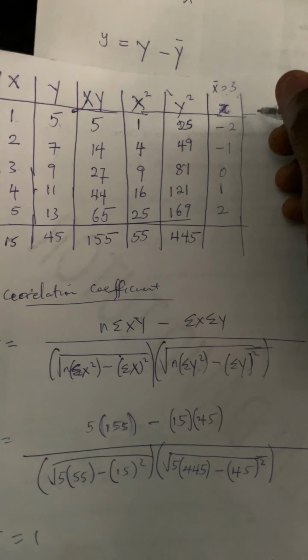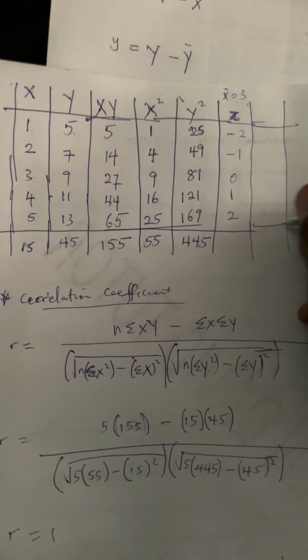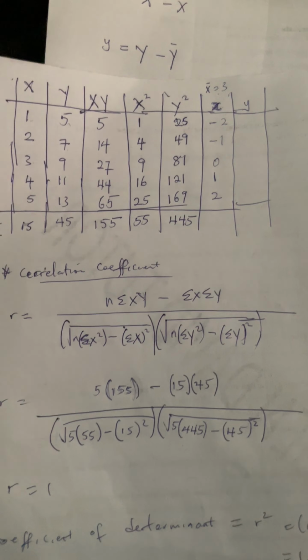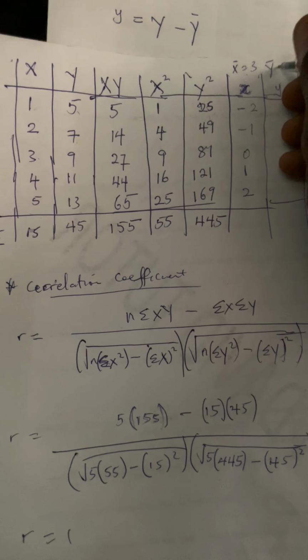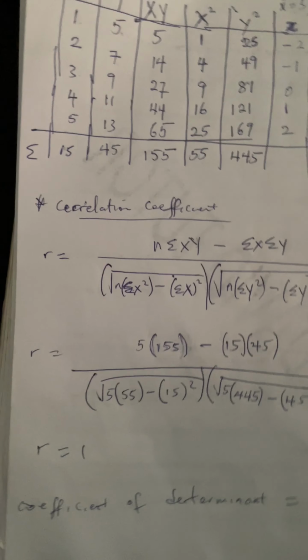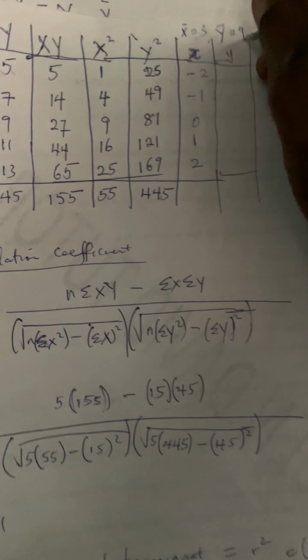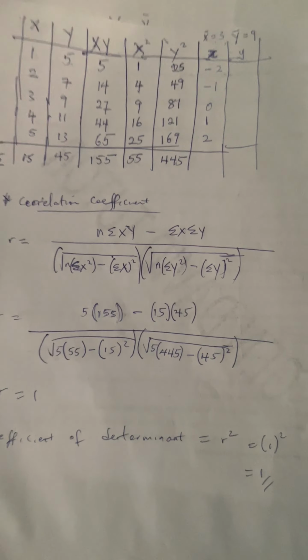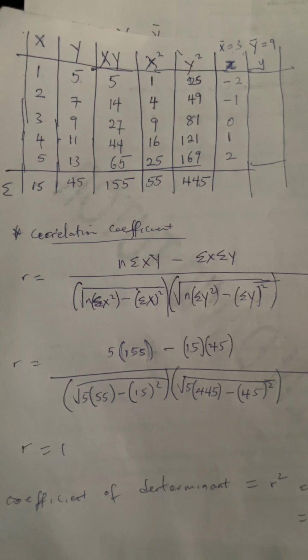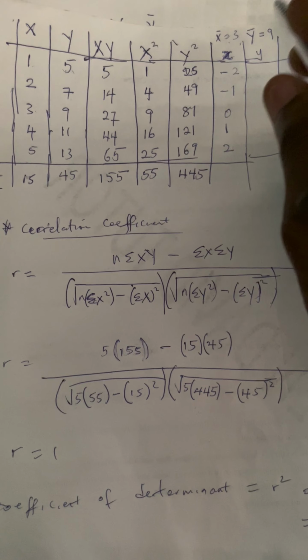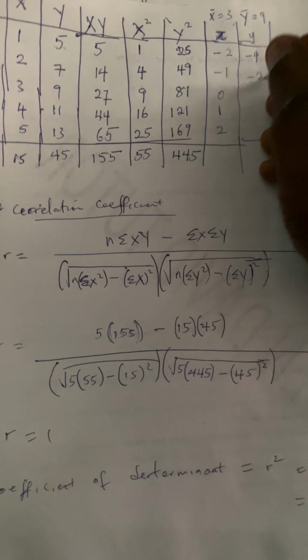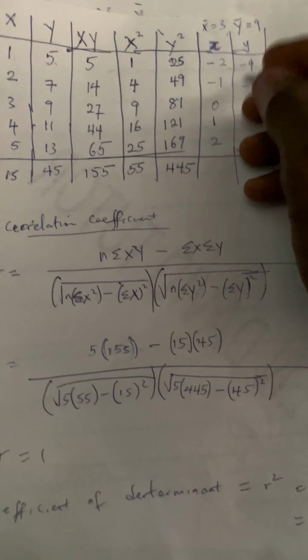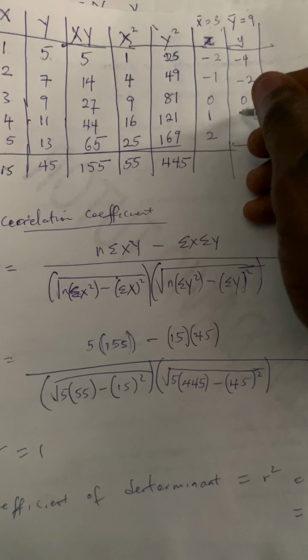What again we need? We need y bar. Small letter y. And what's our capital letter Y? What's our y bar? Our y bar we got from here is 9. So for us to get all the values of small letter y, that will be this y, that's 5 minus 9, that's minus 4. 7 minus 9, that's minus 2. 9 minus 9, that's 0. 11 minus 9, that's 2.